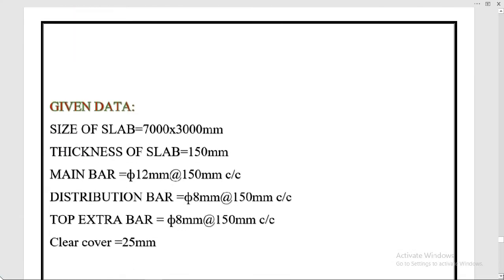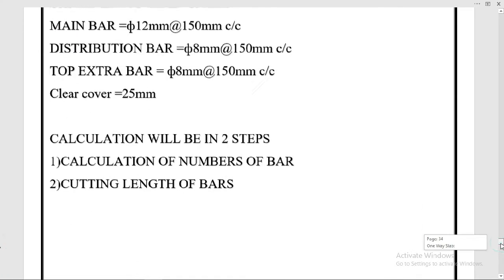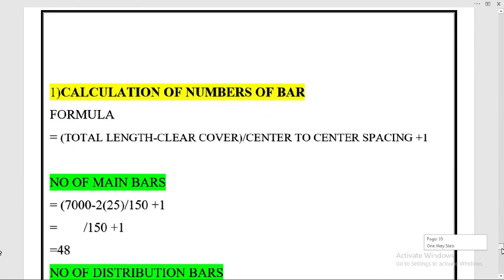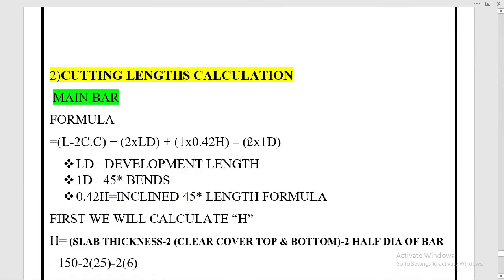So this is the formula to calculate the cutting length of the main bar. Minus here we did minus 2 into 1d. 1d means 45 degree bends. So in one bar we have two 45 degree bends. So that's why we deduct 2 1d. 1d is the 45 degree bend formula.